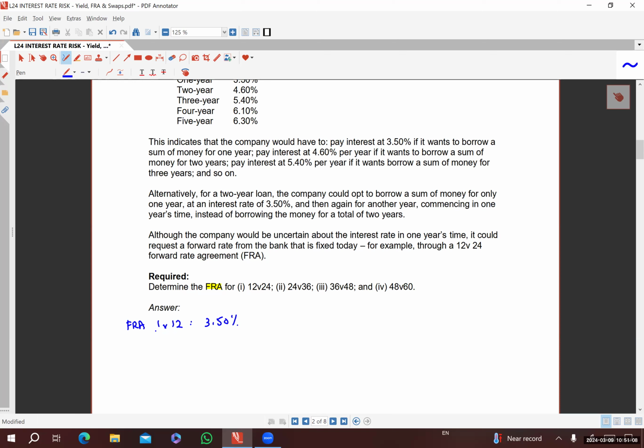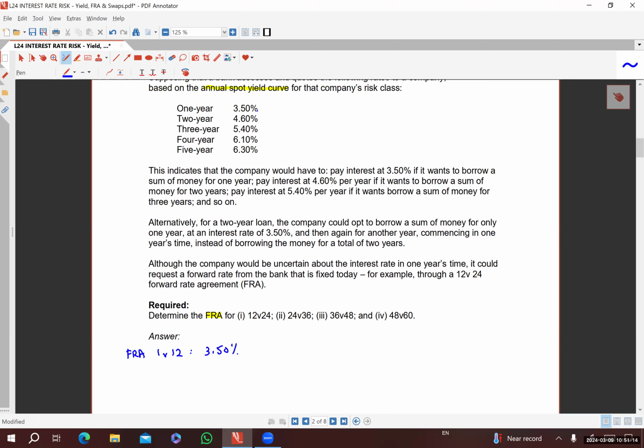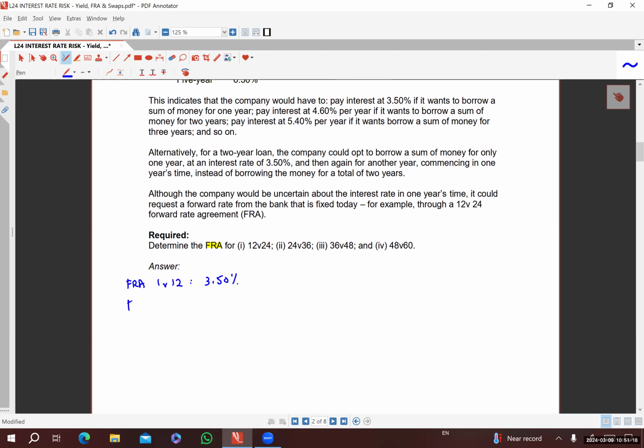The end of month 1 to the end of month 12 means the first year, so it's 3.5%. Next, the forward rate 12 to 24 means from the end of month 12 to the end of month 24, in other words, the second year.